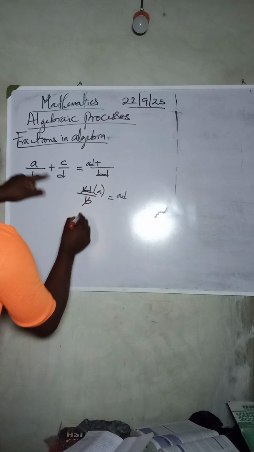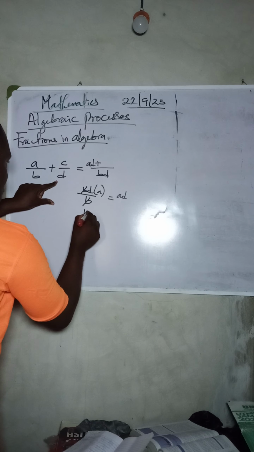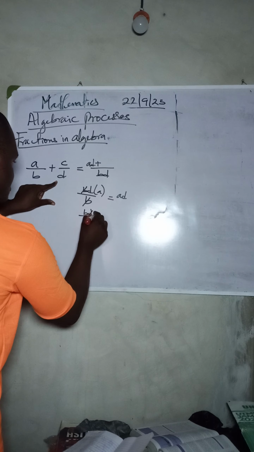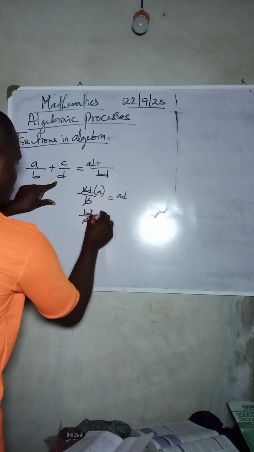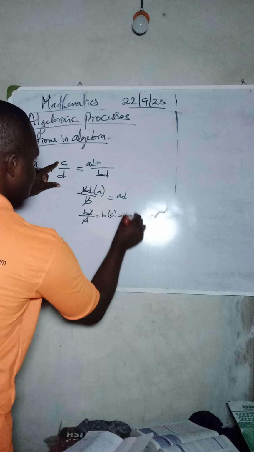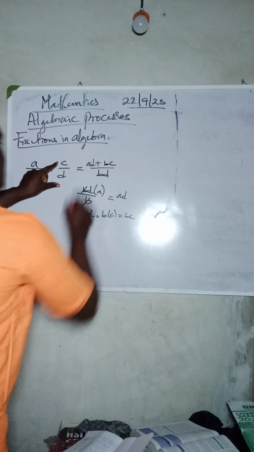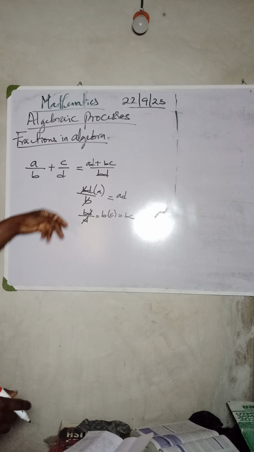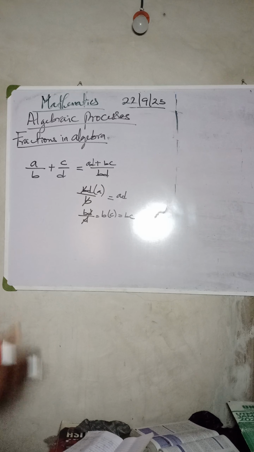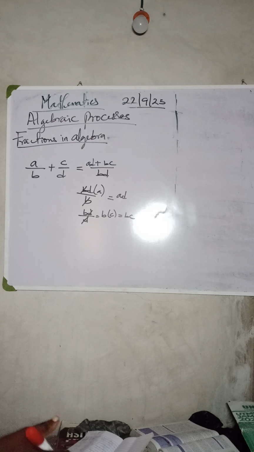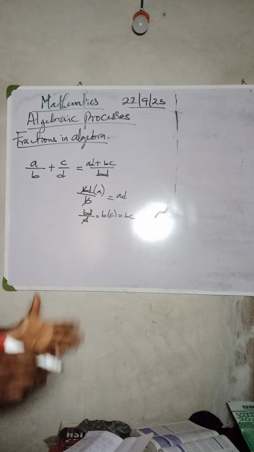Then repeat the process for this: BD divided by D gives B. Multiply B by this C, and we have BC. So what does it mean? When you have A over B plus C over D, you are going to have AD plus BC, everything over BD.